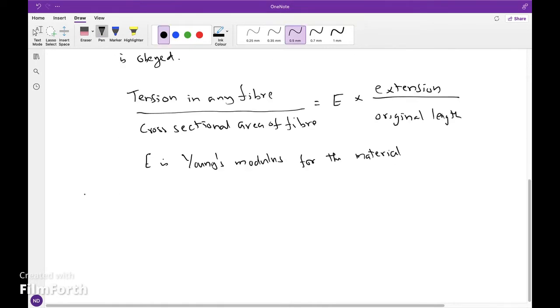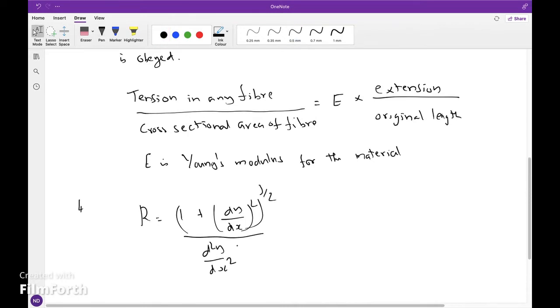Fourth point: the bending is in one plane and taken to be so small that a simplified formula is used for the radius of curvature of the beam at any point. So the radius of curvature R is equal to (1 plus (dy by dx) the whole squared) the whole power 3 by 2, divided by d squared y by dx squared.